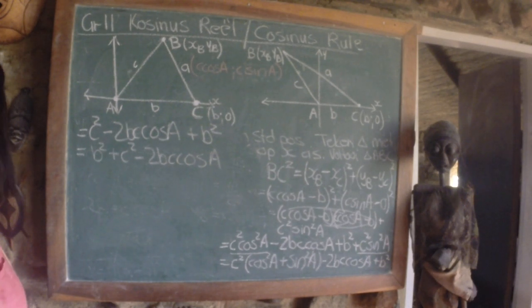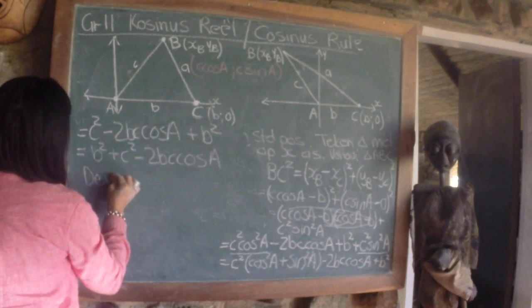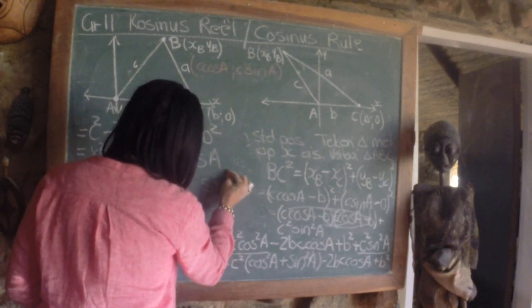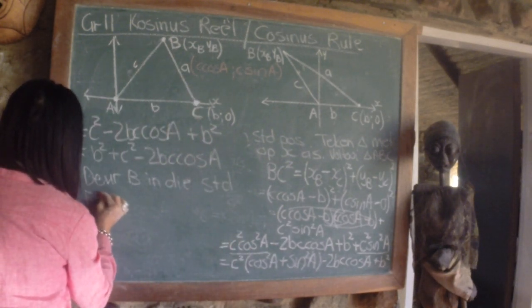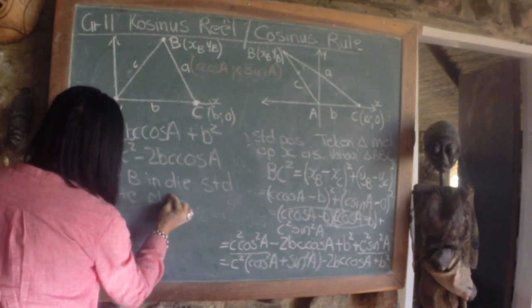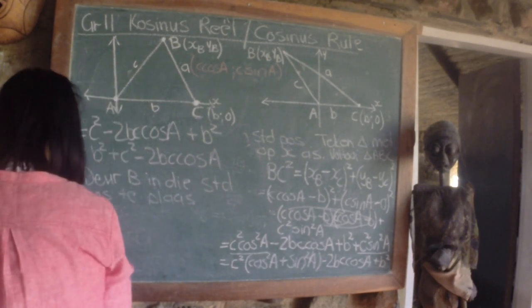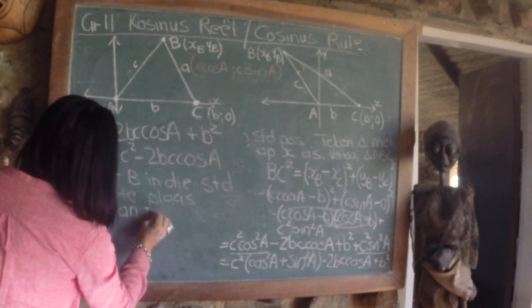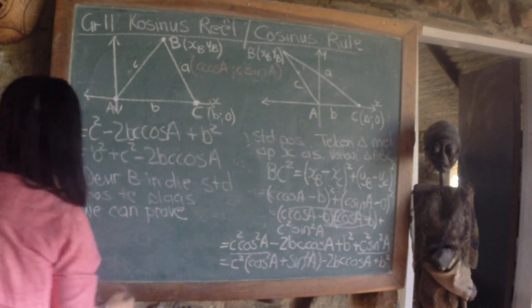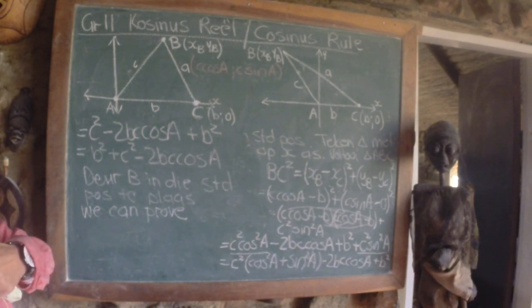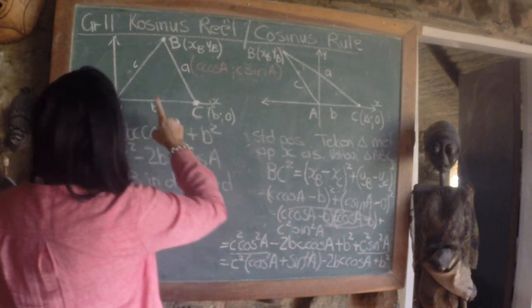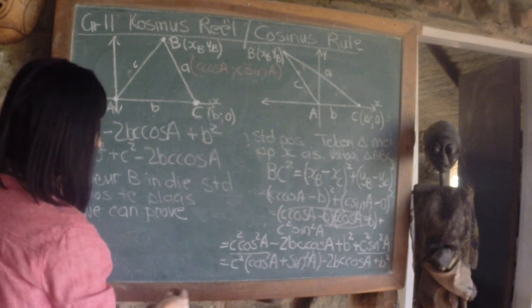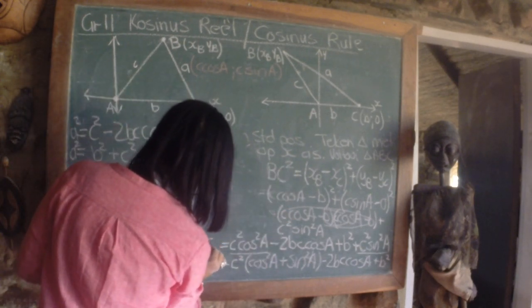We can also write it by placing B in the standard position. Remember that's BC squared, that's a squared, that we've proven.